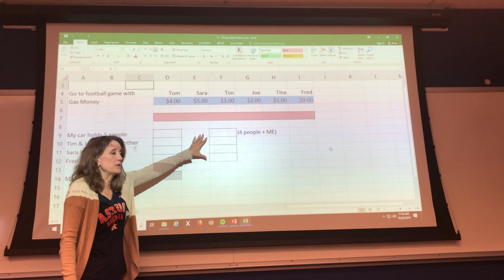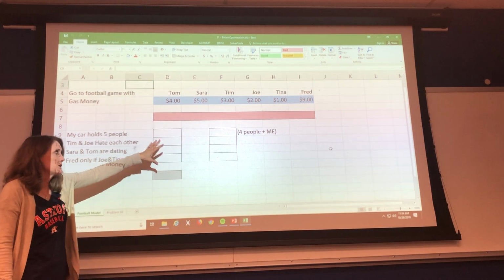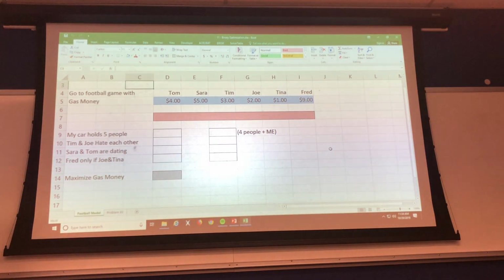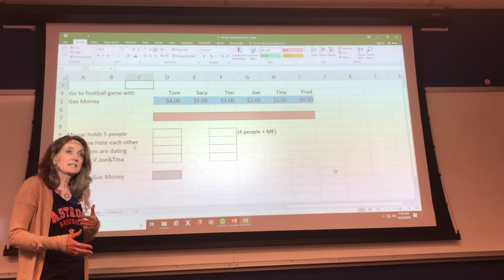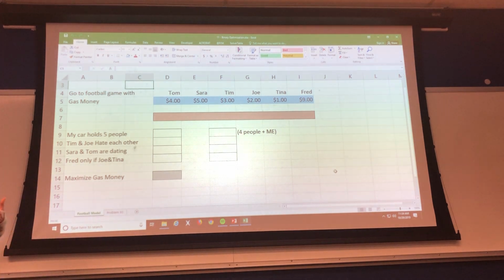So we're going to document some constraints here that will be used in Solver. For one thing, to make sure that you don't have more than 4 people selected, what could you do as a constraint?